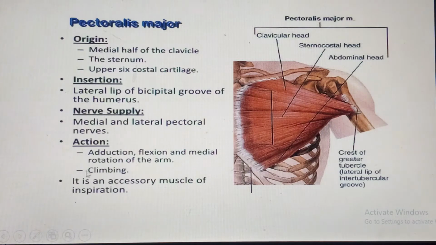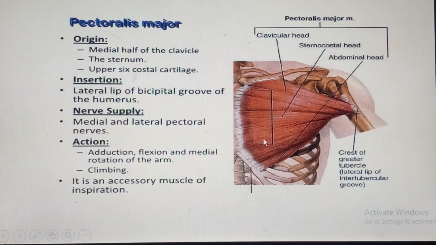Another thing we find is that it is one of the accessory muscles as far as climbing is concerned. It's not the main muscle. As far as climbing is concerned, the leg muscles or the lower limb muscles will be very important. But as far as the trunk is concerned, the important muscle regarding climbing will be the latissimus dorsi.